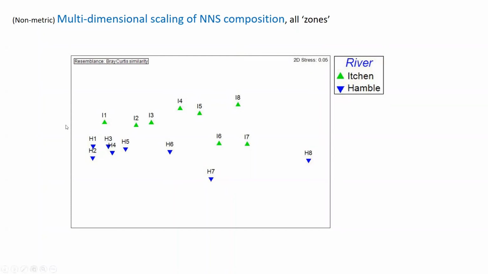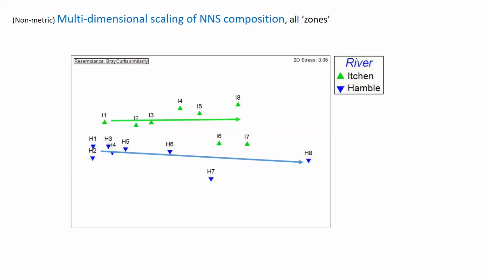And you can see that on the long axis of the diagram, there's this numerical progression from Itchen zone 1 to Itchen zone 8, and parallel to that, Hamble zone 1 to Hamble zone 8. So effectively, the progression of non-native species up the estuary is illustrated in the horizontal axis. Those differences between upper estuary and lower estuary are spread out along the horizontal axis.